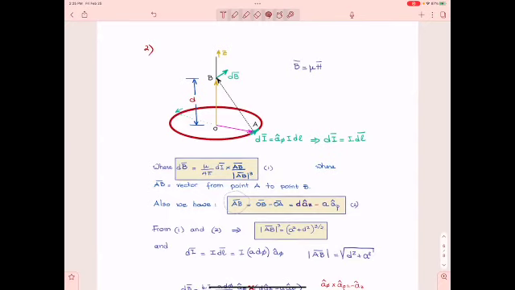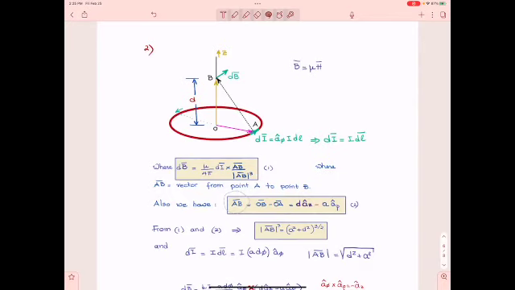So what we need to realize on this picture is that this B, which is excited from the infinitesimally small current, is perpendicular to the line that connects A to B and can be split in two components, one which is the radial component and is parallel to the circle, and the other which is the Z component.